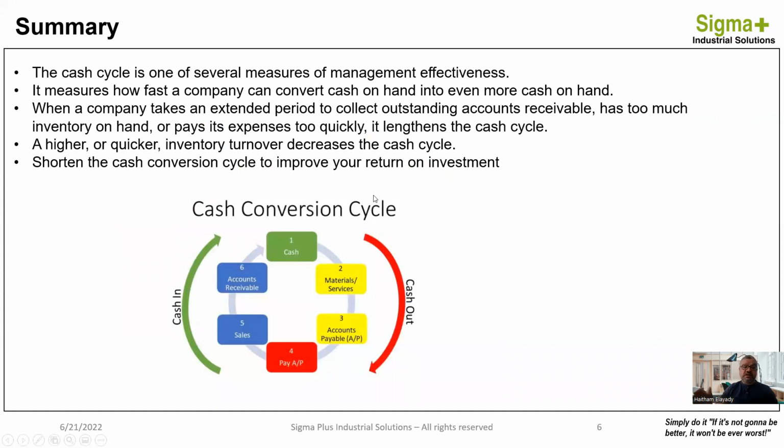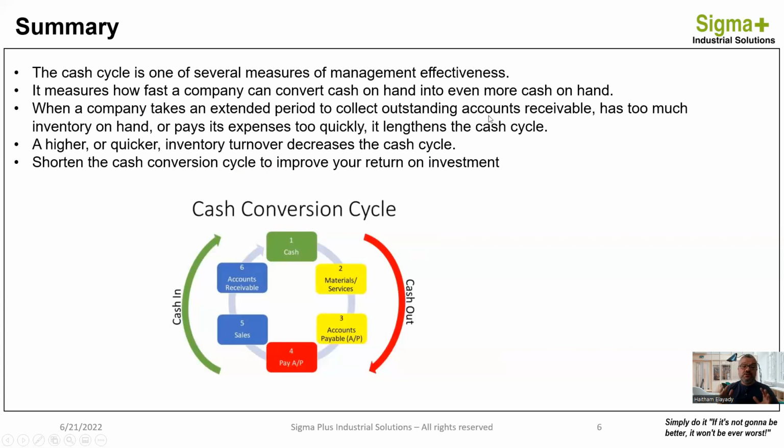Okay, so as a summary, the lesson of today: the cash cycle is one of the several measures of management effectiveness. It measures how fast a company can convert cash on hand into even more cash on hand. When a company takes an extended period to collect outstanding accounts receivable, has too much inventory on hand, or pays its expenses too quickly, it lengthens the cash cycle.